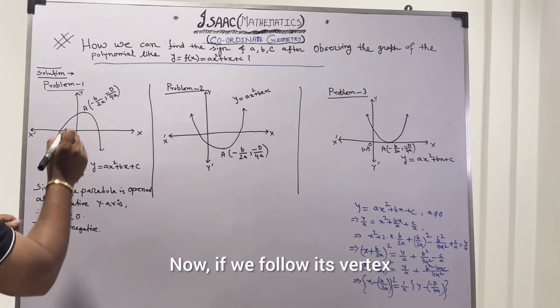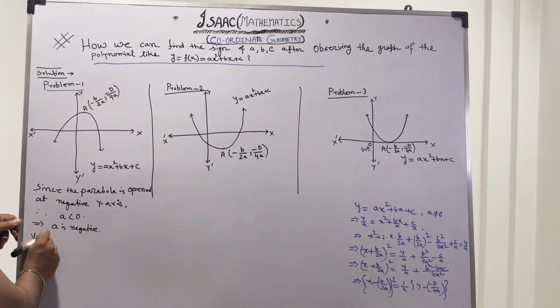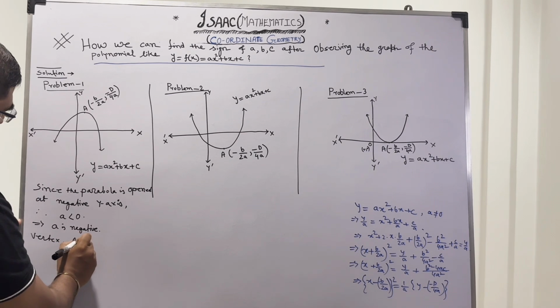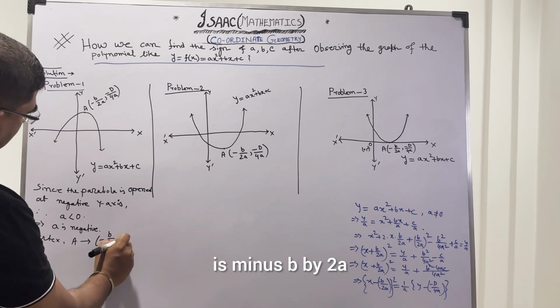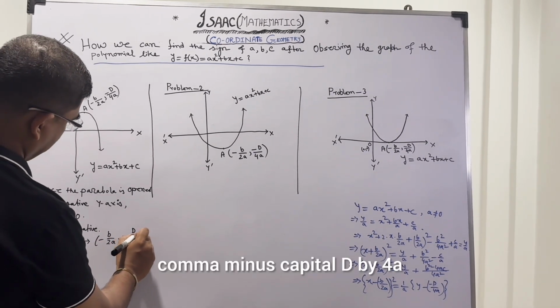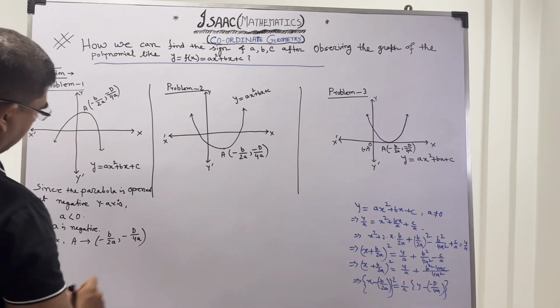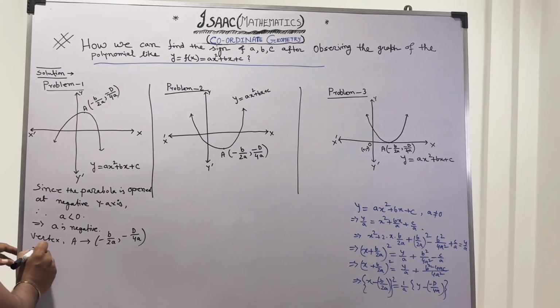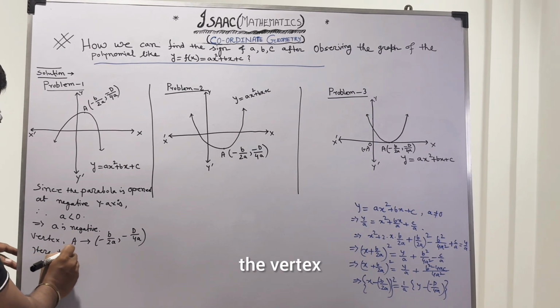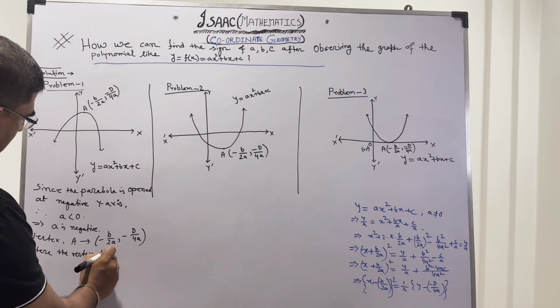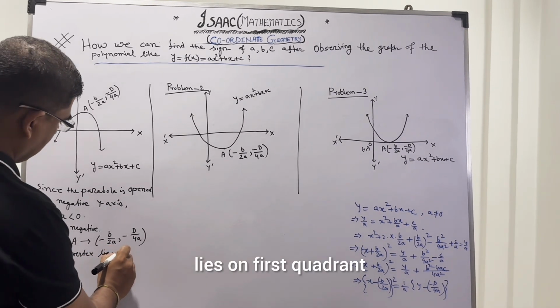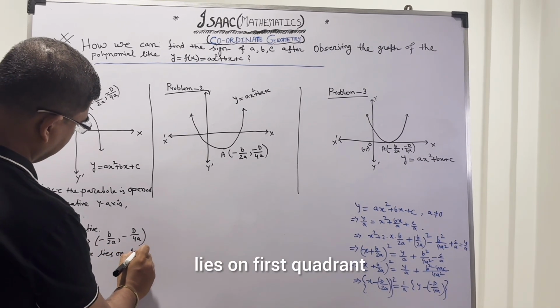Now if we follow its vertex, vertex A is minus b by 2a comma minus capital D by 4a. Okay. So here the vertex lies on the first quadrant.